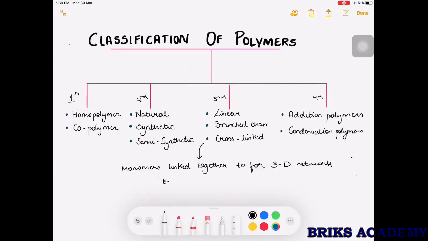For example, a polymer called bakelite and another polymer called melamine formaldehyde resin are examples of cross-linked polymers.